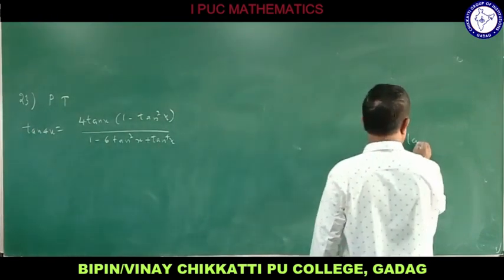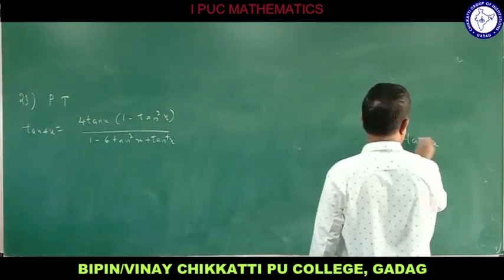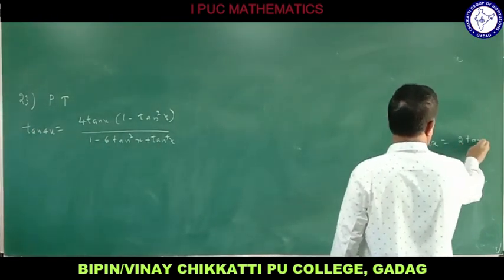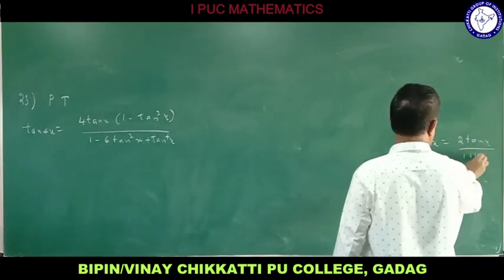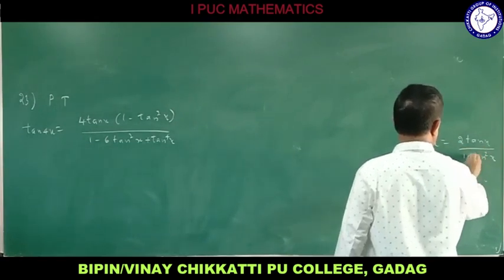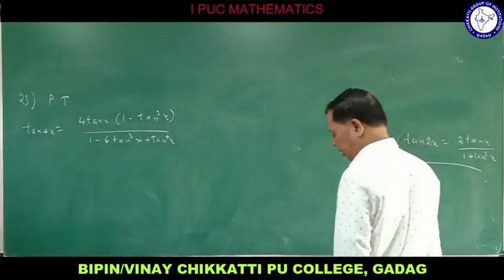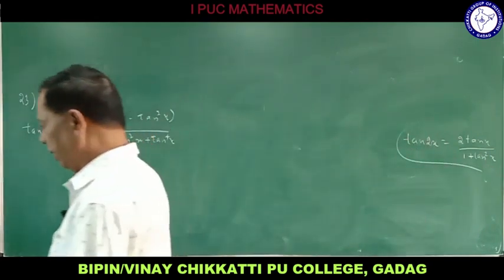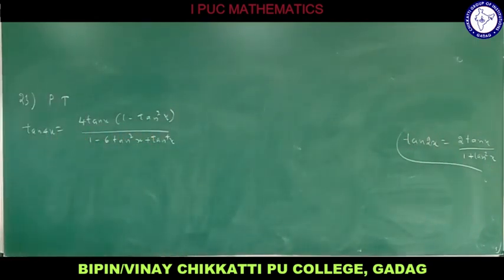What is the formula? Tan 2x is equal to 2 tan x divided by 1 minus tan square x. So this formula can be applied here, and accordingly you have to see the result.